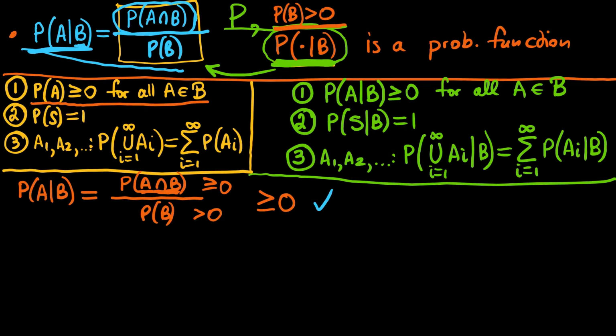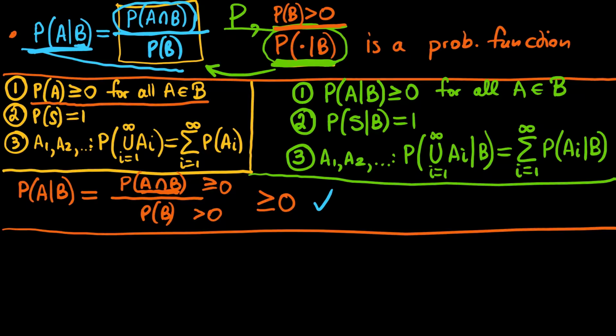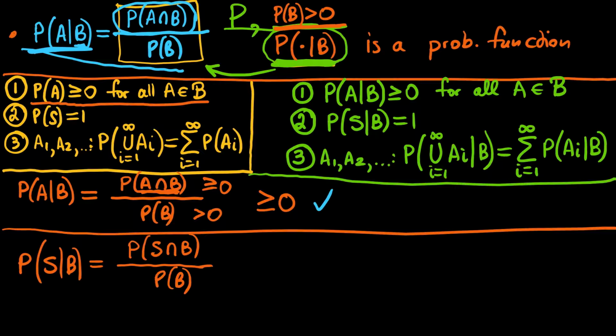Okay, then let's move on to the second one. So we want to show that the probability of the sample space conditional on B is equal to 1. Well, let's apply the definition from above again. So then we need to take the intersection of the sample space and B divided by the probability of B. But what is the intersection of B and the sample space?